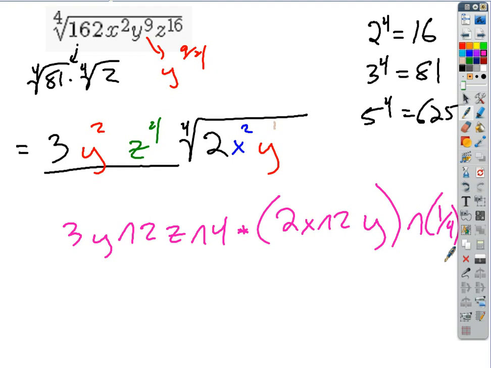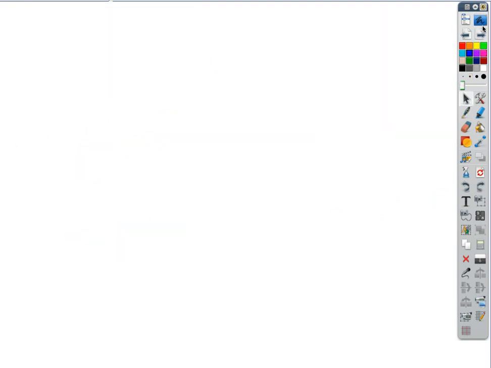Okay. The only part that's different is that 4th root we just would enter as a 1/4 power. Okay. All right. Moving on.